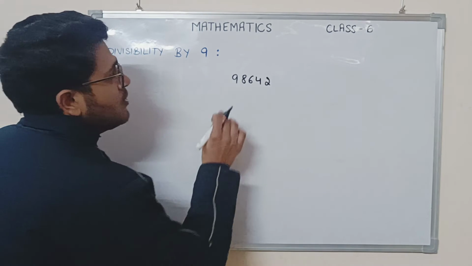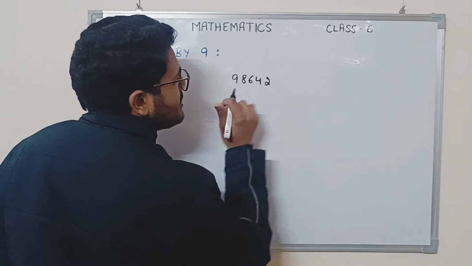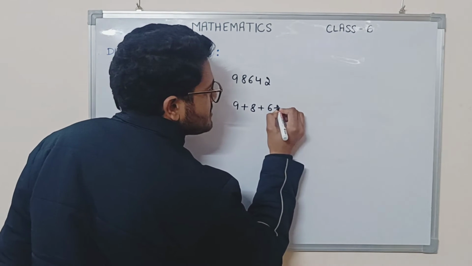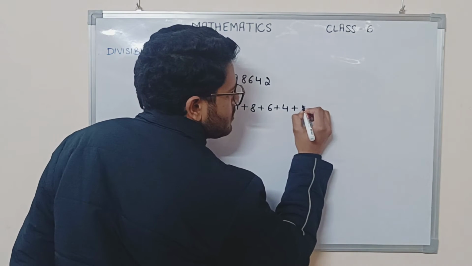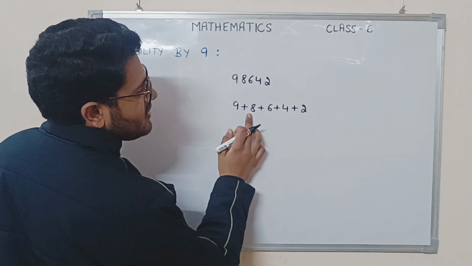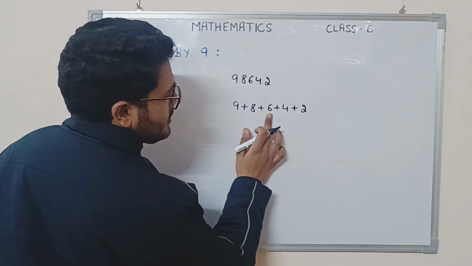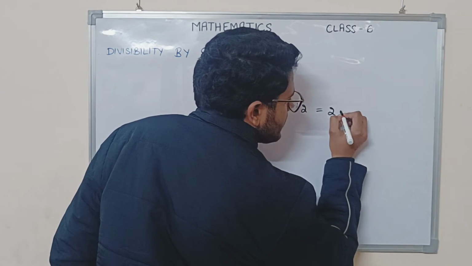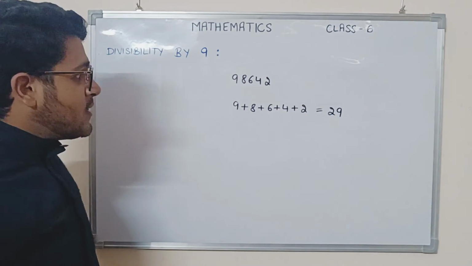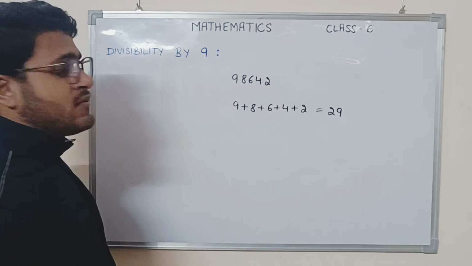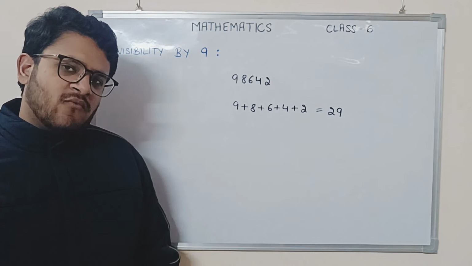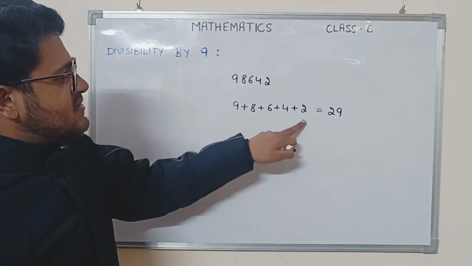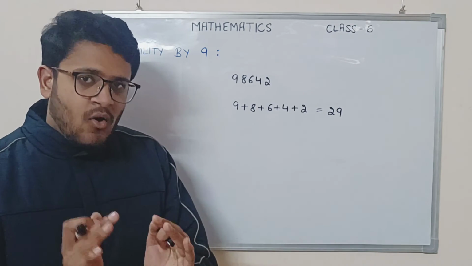What we are going to do, we will sum all these digits. 9 plus 8 plus 6 plus 4 plus 2. 9 plus 8 is 17, 17 plus 6 is 23, right? 23 and 4 is 27, plus 2 is 29. Okay. So till now the divisibility for 3 as well as divisibility for 9 both are the same, right? For divisibility by 3 also we were doing the same. We were adding all the digits.